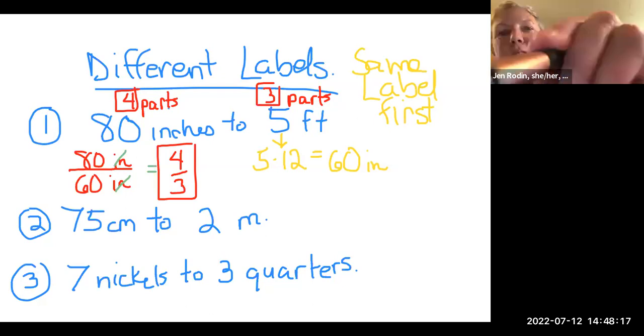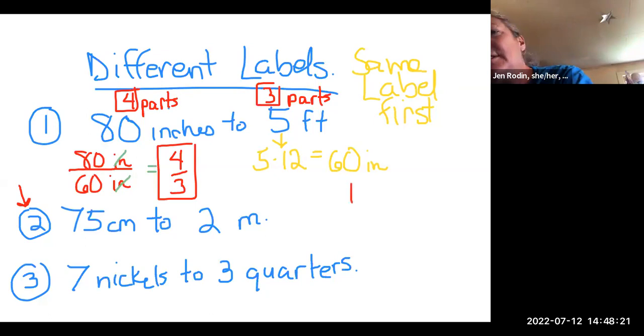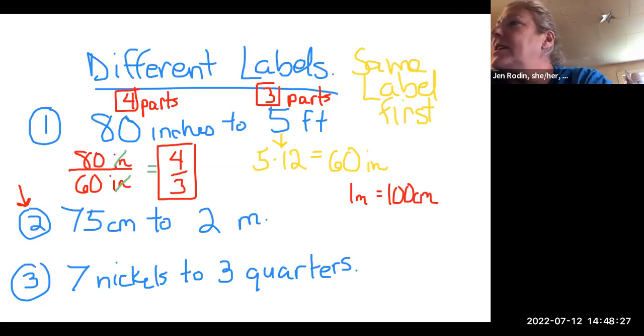Then go to the metric one. 1 meter is 100 centimeters. And all these conversions, I'm going to put up a page of them on the Moodle because they're in the back of your textbook if you have the hardcover book, on the very back cover, all the conversions.